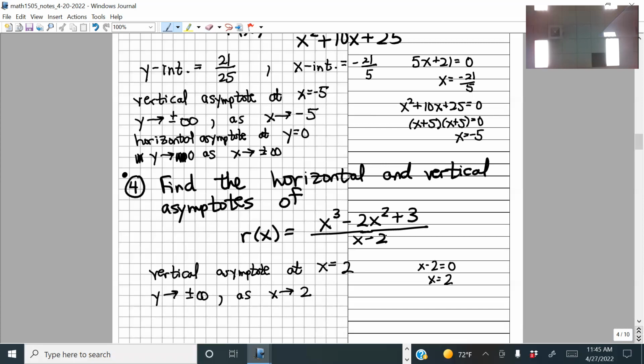So you have to have a break in the graph right here at x equals 2. What about for horizontal asymptotes? There isn't one. Yeah, that's also nice, right? Okay, because the degree of the top is 3, the degree of the bottom is only 1. So no horizontal asymptote.